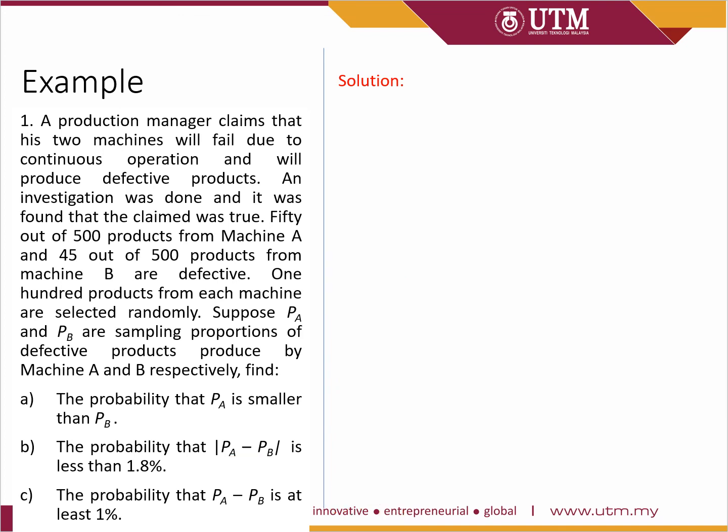And the last example is to find the probability that PA minus PB is at least 1%. So it would be greater than 0.01.